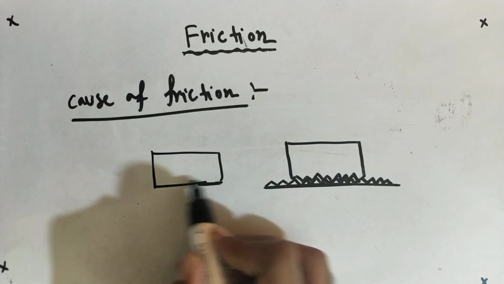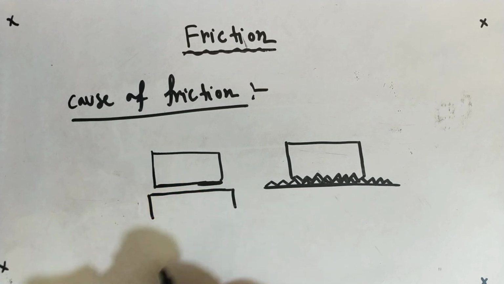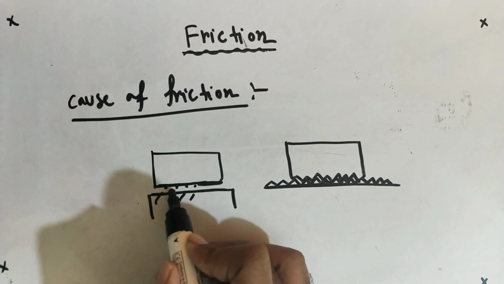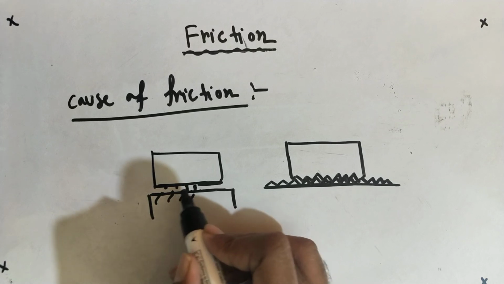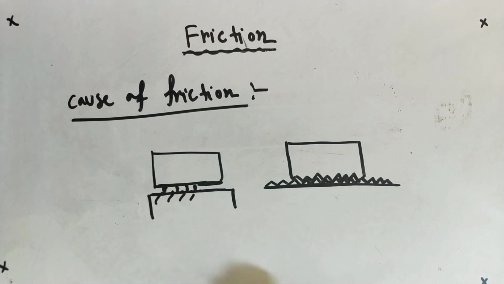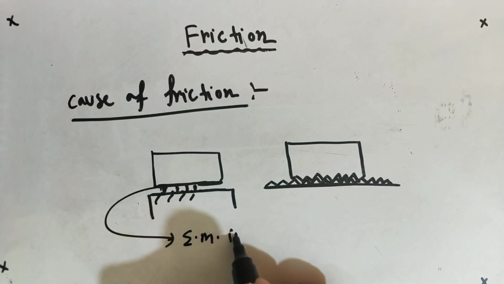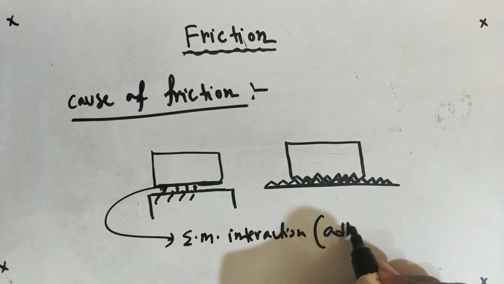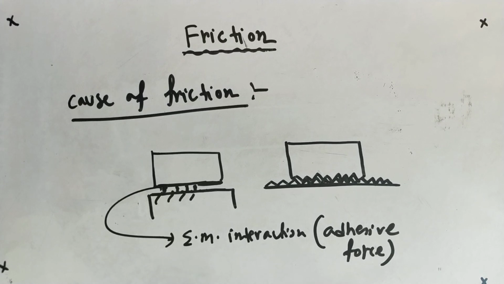When you get the ultimate smoothness of the surfaces, the atoms of the two surfaces will come into contact, and then they will interact electromagnetically, and this electromagnetic interaction is known as adhesive force. That's why sometimes it is said that the frictional force arises due to adhesive force.